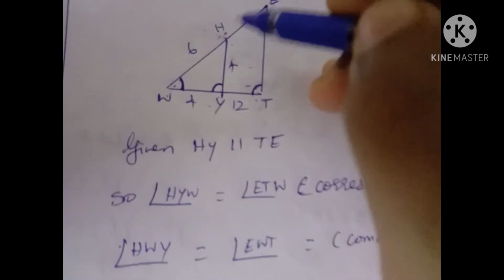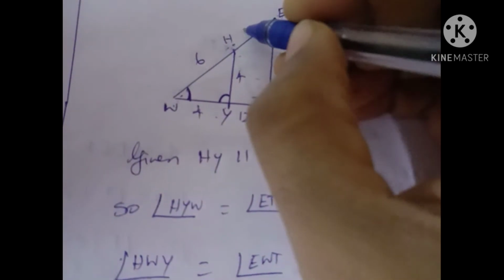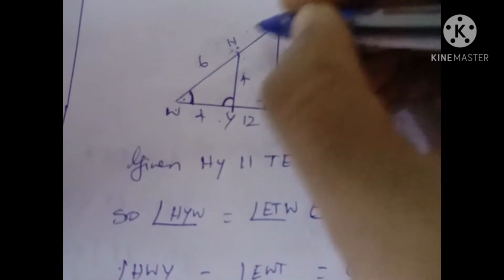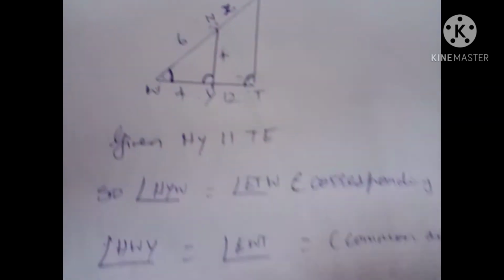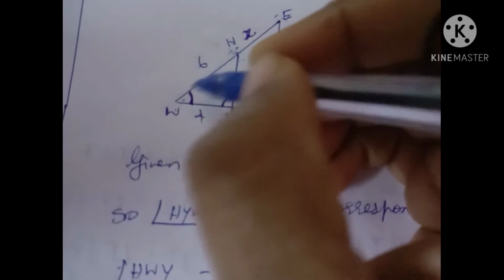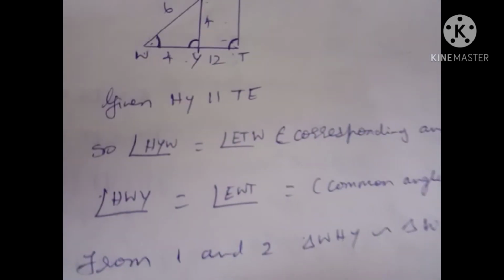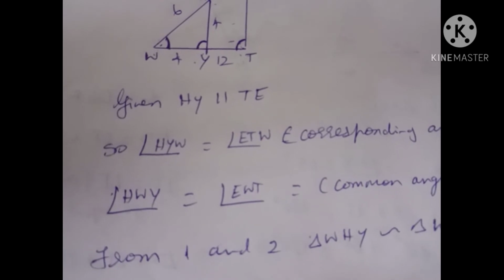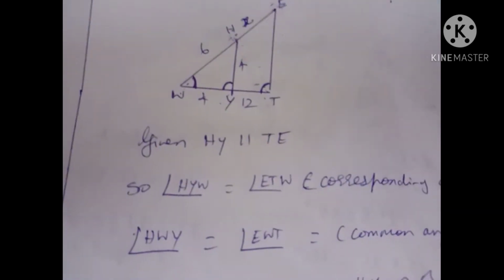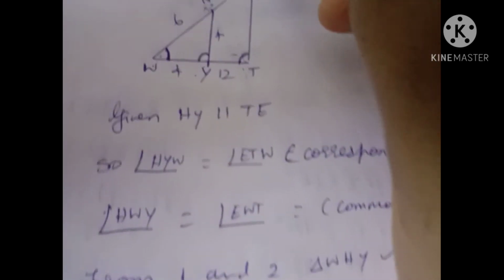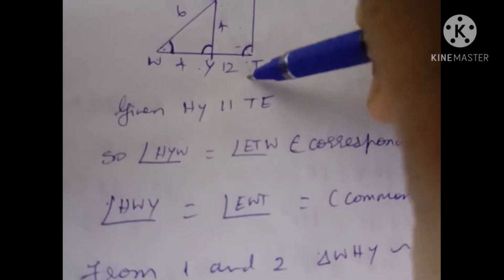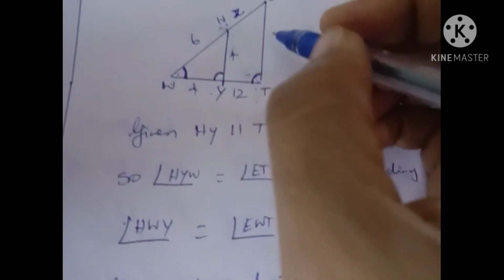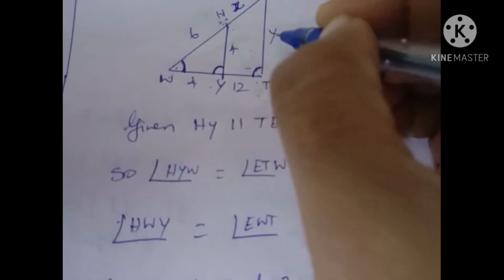If you want to find the value of HE, in the place of HE we can assume x. WH by WE, which is equal to, then HY is parallel to ET, so in the place of ET we will take y.